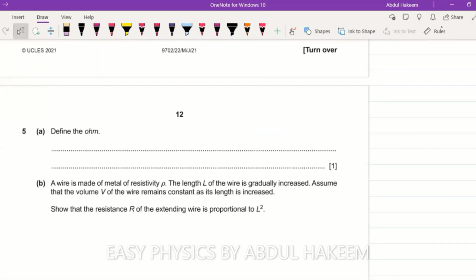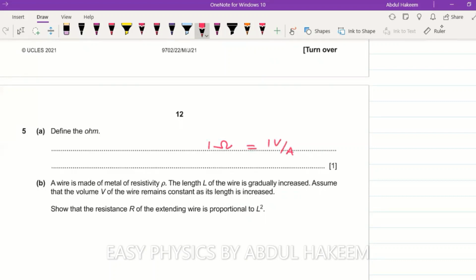Now the next one: define the ohm. Ohm is the ratio between voltage and ampere in the conductor. It's a ratio between volt and ampere, meaning 1 ohm is equal to 1 volt per ampere.